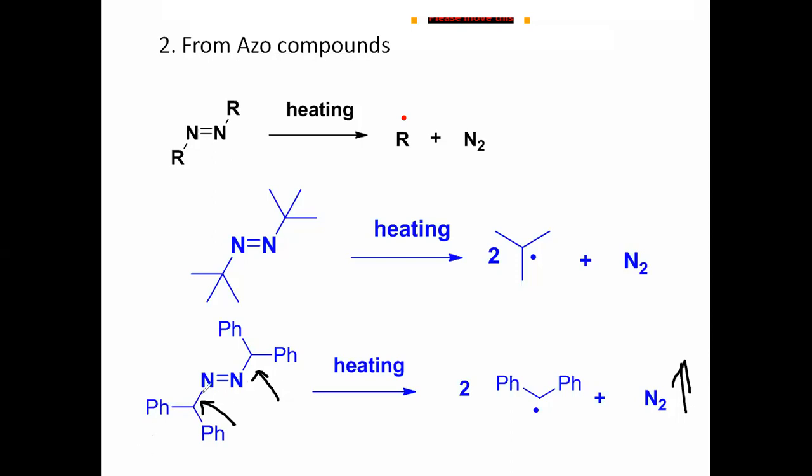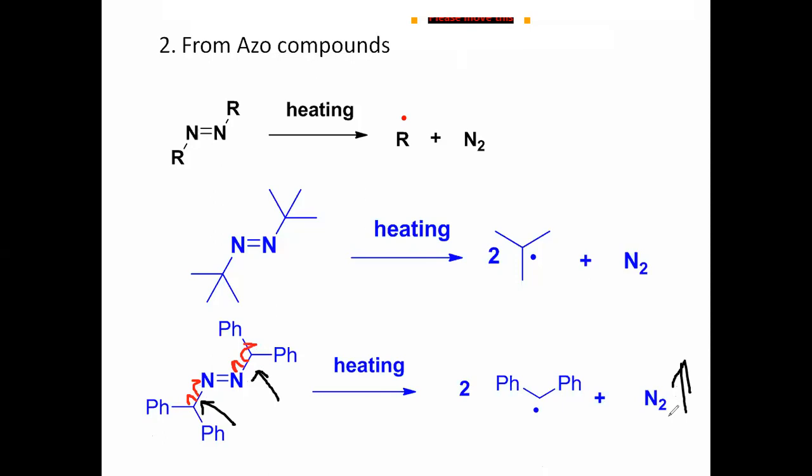So this bond undergoes homolysis, this bond undergoes homolysis, and there is generation of free radicals like this, and nitrogen gas evolution takes place.